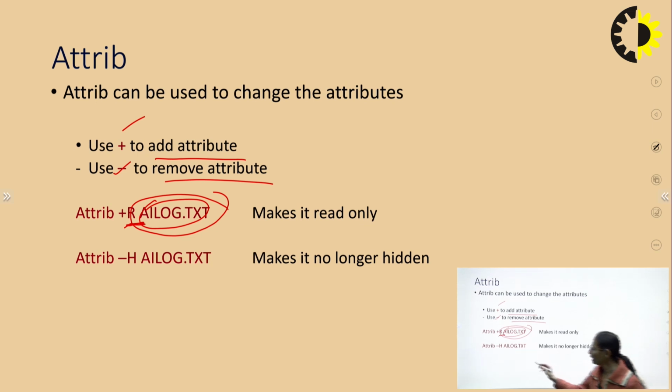Now this is the file, it is already hidden, but now I want it to no longer remain hidden. So I have removed the hidden attribute which I had assigned to this particular file. So it makes it no longer hidden.